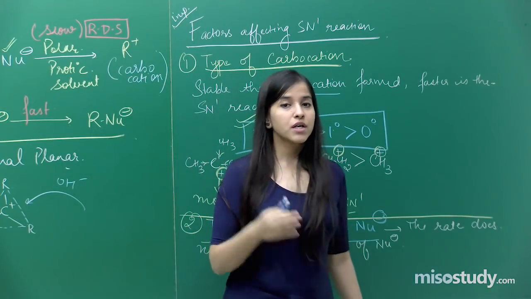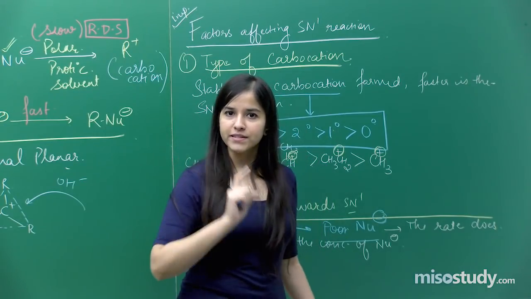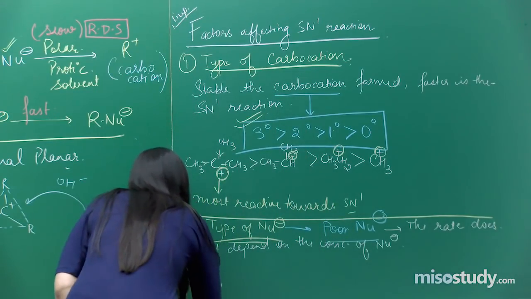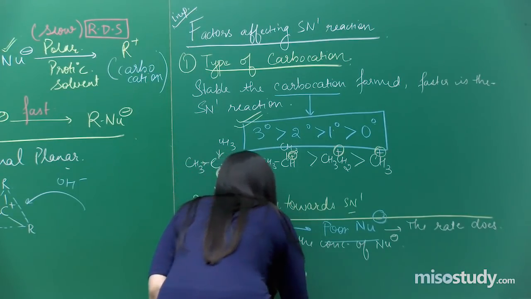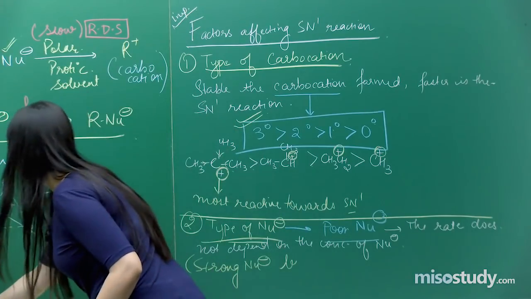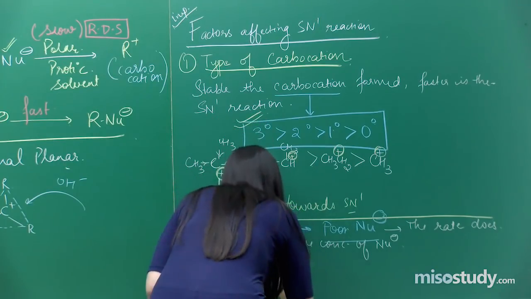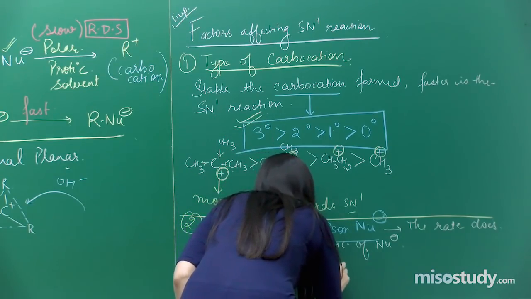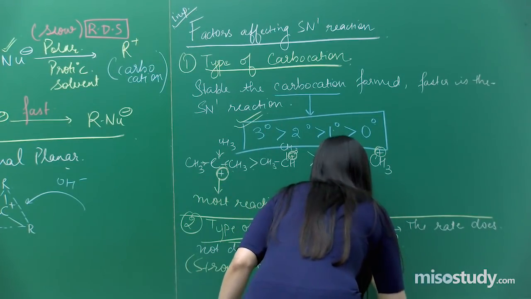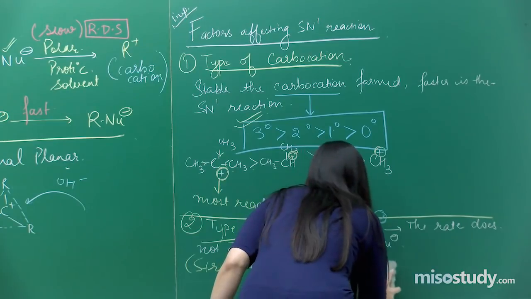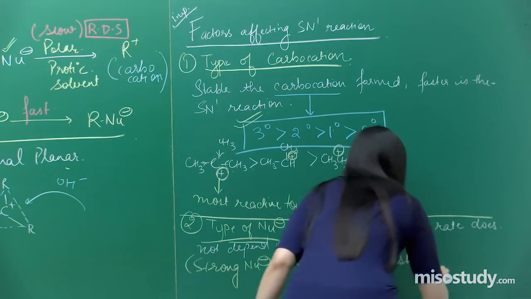If I take up the strong, what will happen? In case of a strong nucleophile, the reaction could happen in just one step, right? So a strong nucleophile may lead to a one step process.